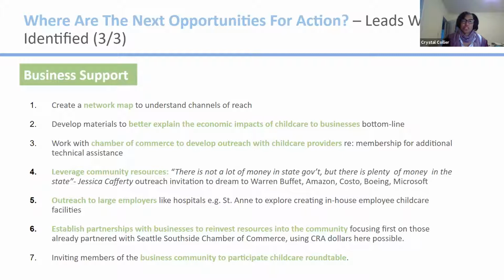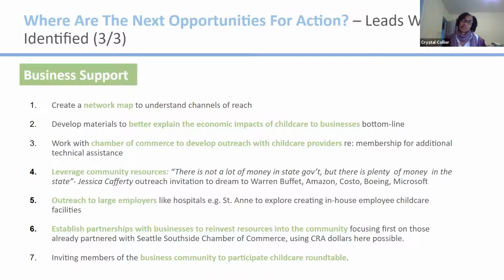Thinking about leveraging community resources. This was one thing we were told, and it was a quote that stuck with us: there's not a lot of money in state government, but there's plenty of money in the state. So you do have some large companies in the state that could provide opportunities to think about how you partner: Amazon, Costco, Boeing, Microsoft.